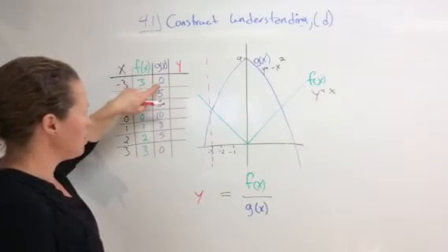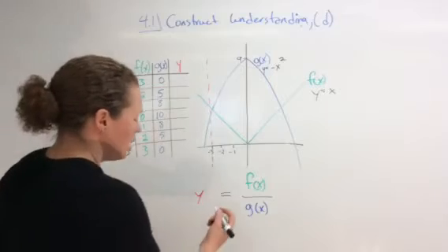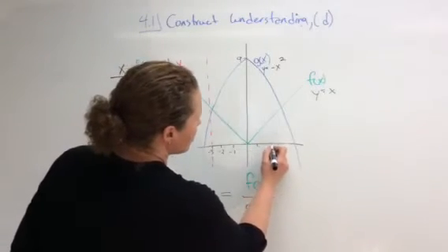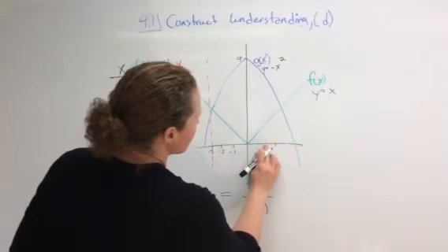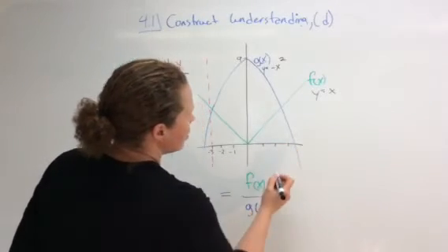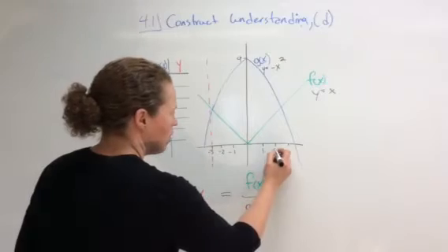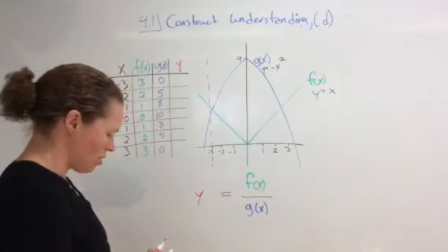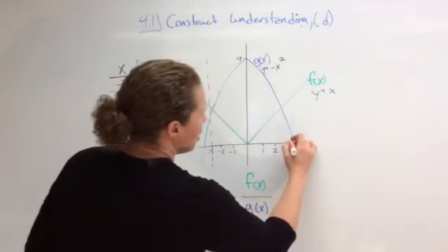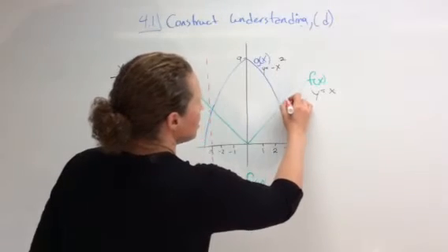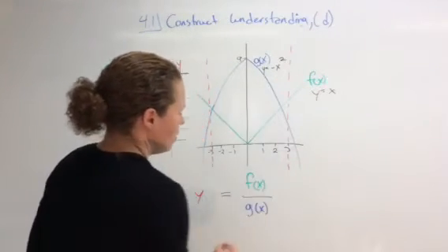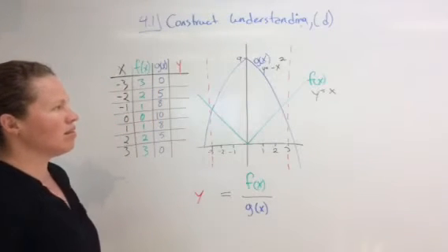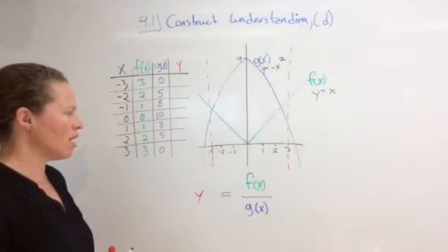Because 3 divided by 0 is not a thing. And if I put my little points in on the other side here, sorry that they're not super well spaced, but it's a sketch. And I'm going to put my little no-go line there.